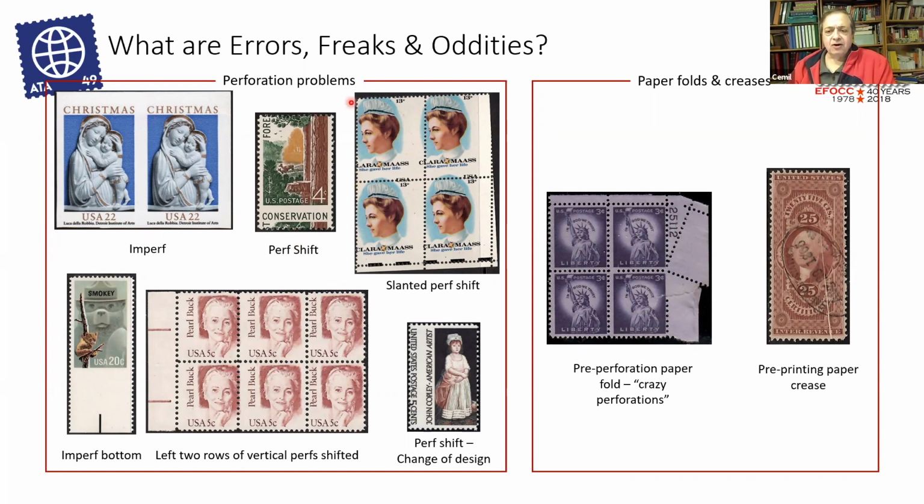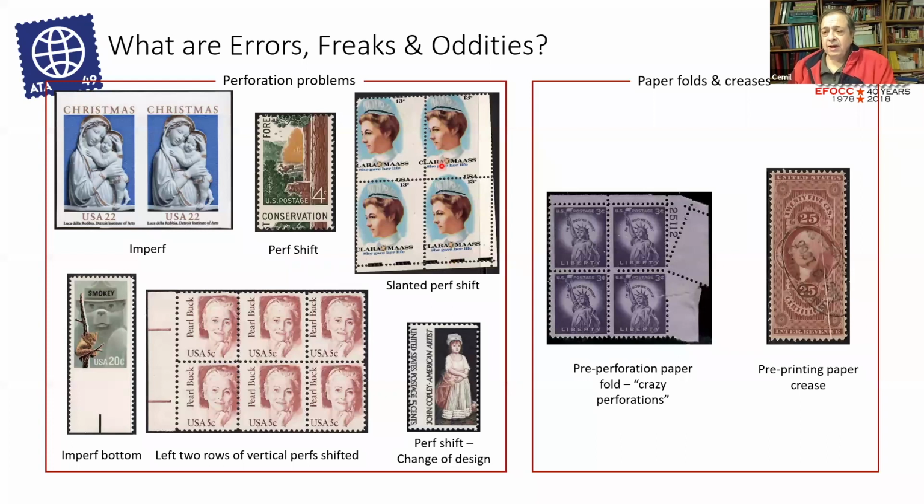This is here a perforation shift. Perforation shifts often are a dime a dozen. They are cheap, you can get lots of them, they exist on lots of stamps, so that's one thing. Here is another Clara Mas stamp, similar to the one that I showed before, where there is a perforation shift.